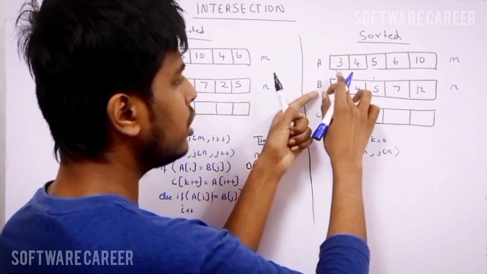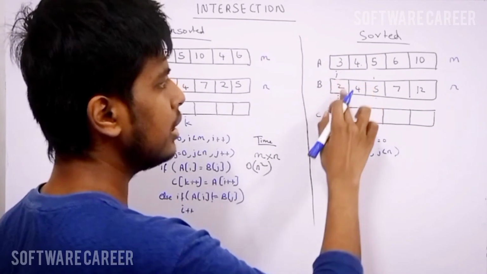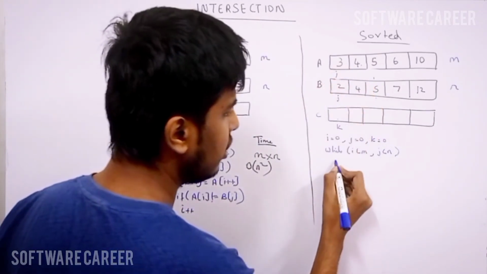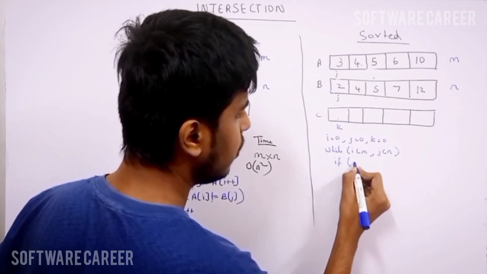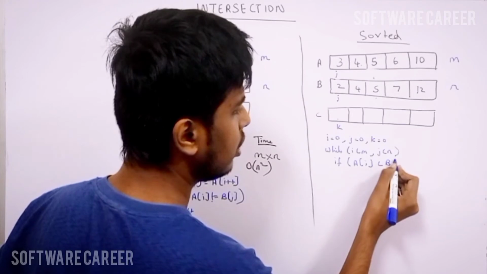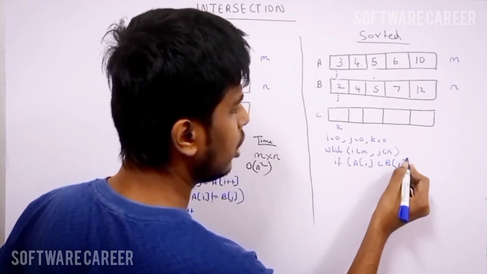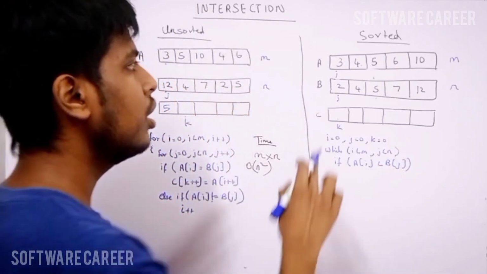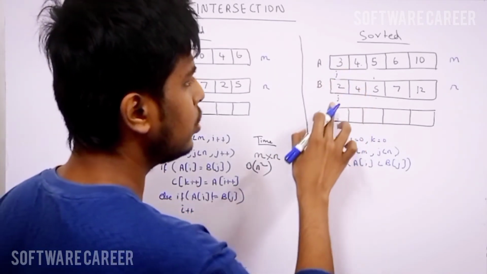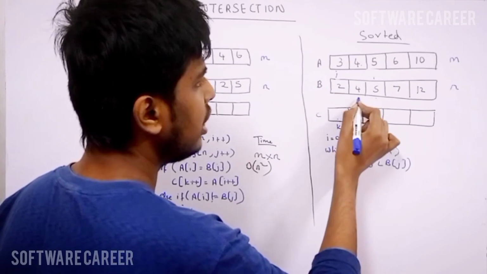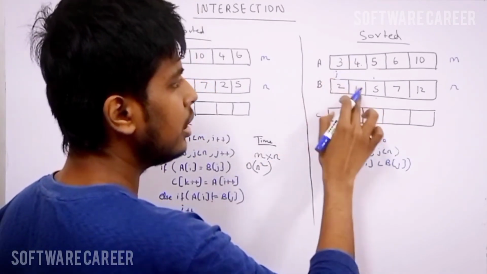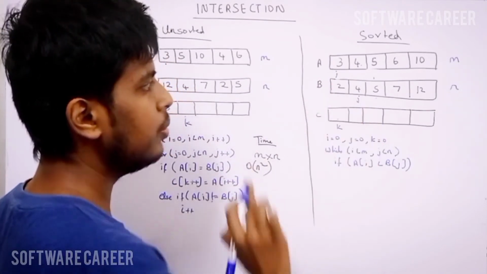Now see, now you should check if a of i is less than b of j. That means whether 3 is less than 2. So I am writing the condition: if a of i less than b of j. Now what should you do? Now you check whether 3 is less than 2. No. Suppose if j is here, suppose I am making this condition, now 3 is less than 4. a of i is less than b of j.